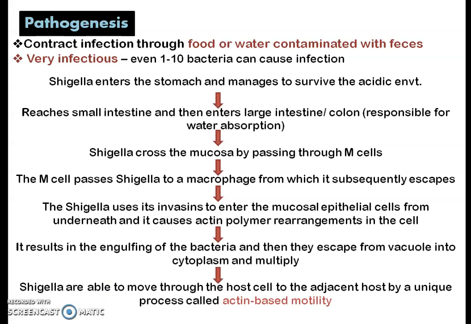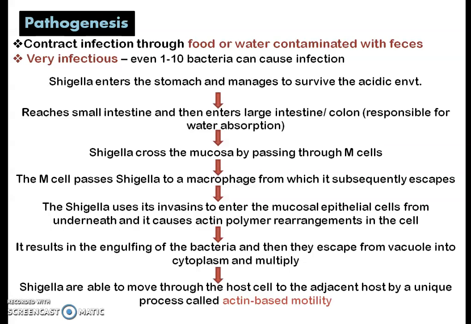And then reaching the large intestine, Shigella crosses the mucosa by passing through specialized cells called M cells. And then the M cells pass the Shigella onto a macrophage from which it subsequently escapes, possibly by inducing apoptosis.